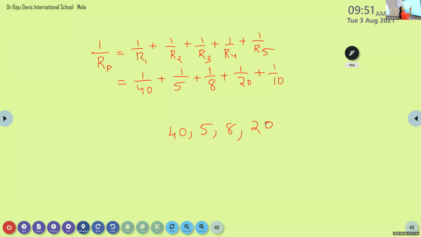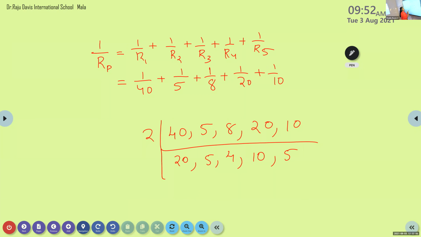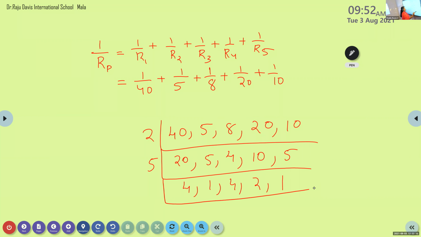8, 20 and 10. What is the LCM here? Dividing by 2: 20, 5 as it is, 4, 10, 5. Here we can use 5, so it becomes 4, 1, 4, 2, 1. Then here we can use 2.